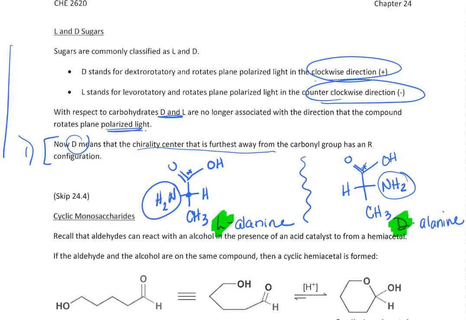In parentheses, 2R, 3S, 4R, 5R, end parentheses, 2, 3, 4, 5, 6-pentahydroxyhexanal. That is what D-glucose would be. So you can see why in sugars we still continue to use the old notation.